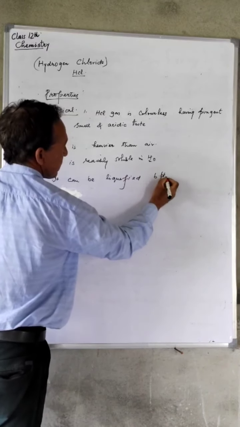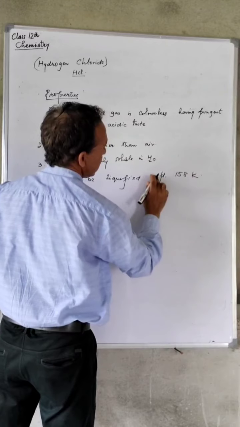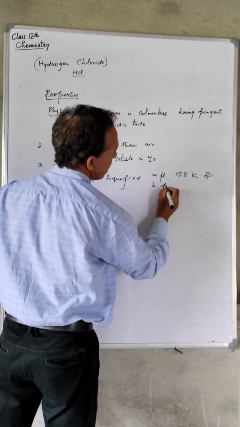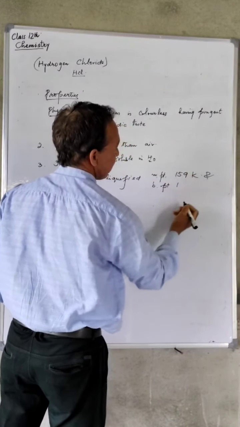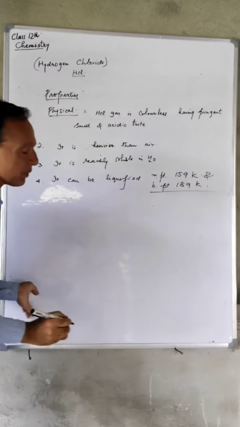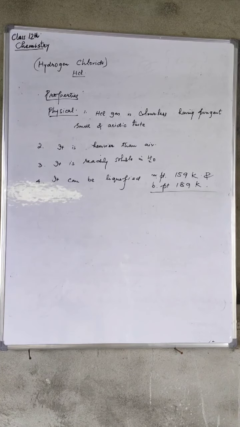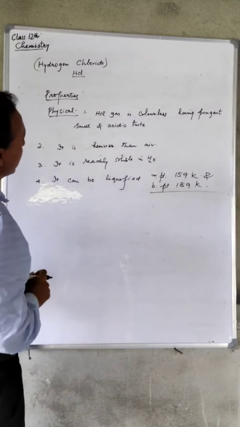It has a melting point of 159 Kelvin and a boiling point of 189 Kelvin. These were some of the physical properties of hydrogen chloride, or hydrochloric acid, we can say.